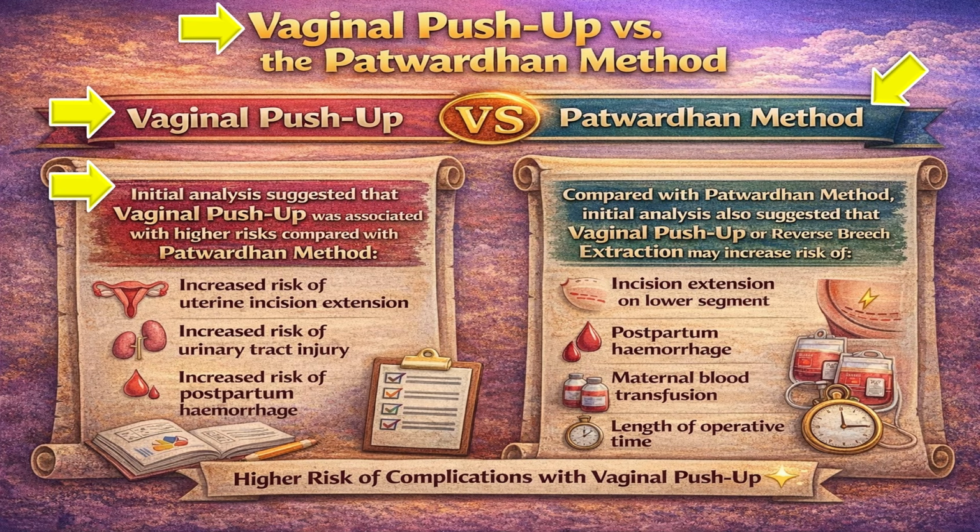There was increased risk of uterine incision extension, urinary tract injury, and postpartum hemorrhage. Compared with the Patwardhan method, initial analysis also suggested that vaginal push-up or reverse breech extraction may increase the risk of incision extension on the lower segment, postpartum hemorrhage, maternal blood transfusion, and length of operative time. So there is high risk of complications with the vaginal push-up method.